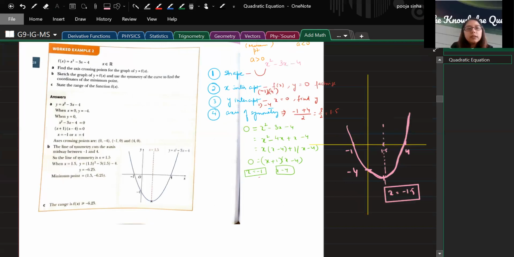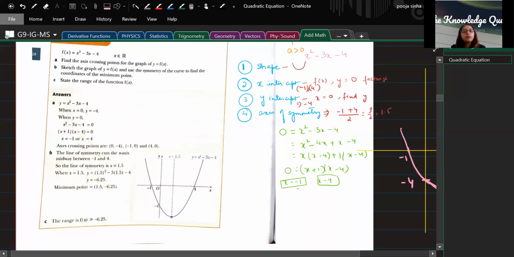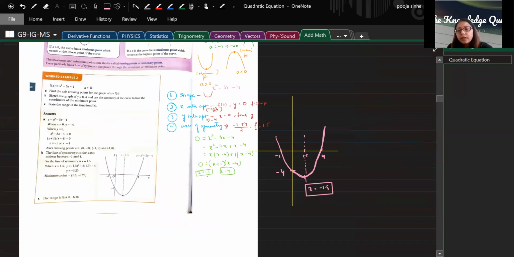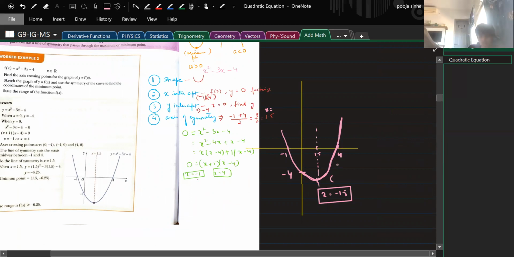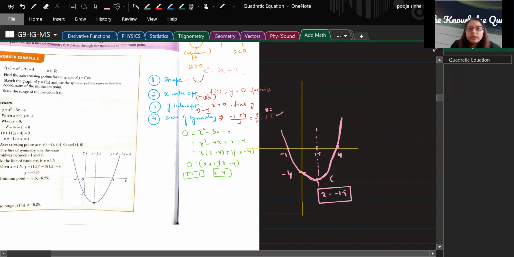Next question says find the axis of symmetry, crossing the graph and all of that. It is asked. We have done it. Sketching भी हो गया. अब वो कहते हैं minimum point निकालो. Minimum point निकालने के लिए we got x, क्योंकि हमें axis of symmetry से x की value मिली. Remember this is x value. y कैसे निकालूं मैं? So ये जो x की value है, you will put it in this equation, right?